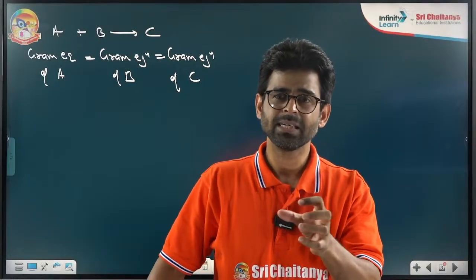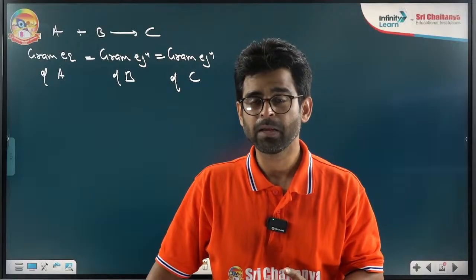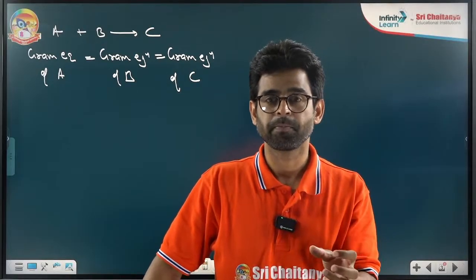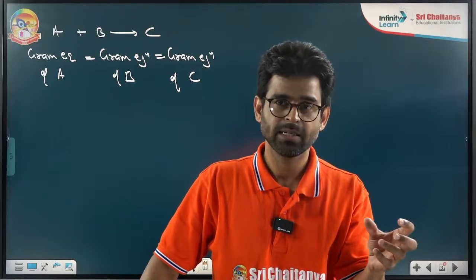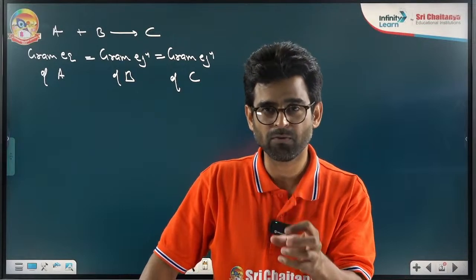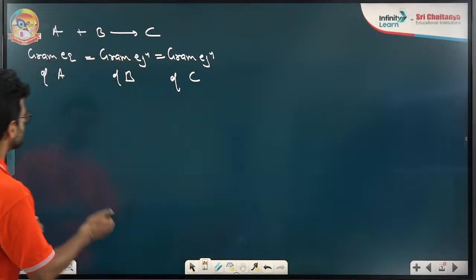So in the reaction, the gram equivalents of everything remain the same. Clear? Similarly, if a metal is combining with oxygen and making metal oxide, the gram equivalents of metal will be equal to the gram equivalents of oxygen and the gram equivalents of metal oxide.